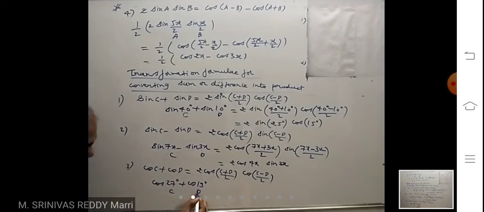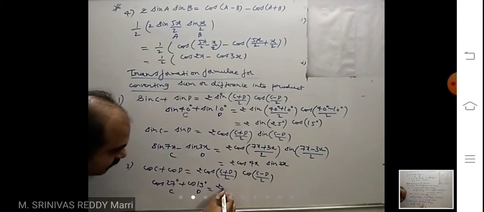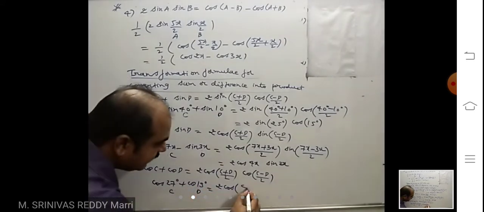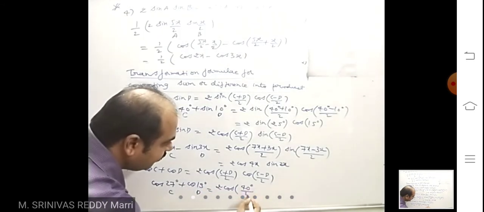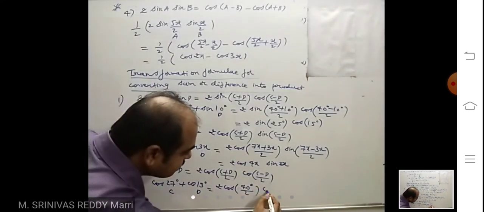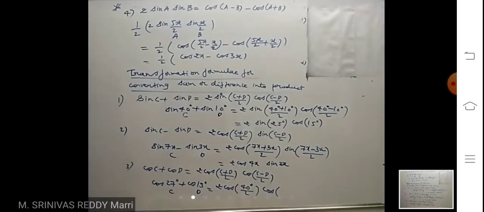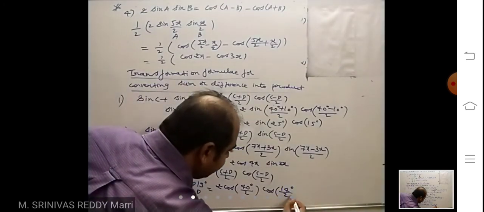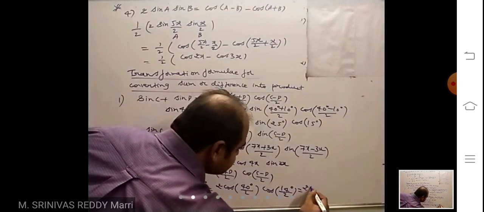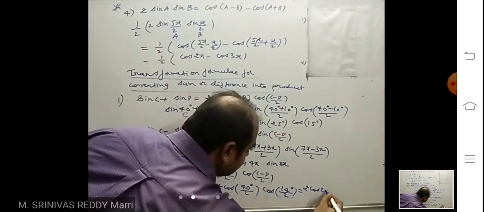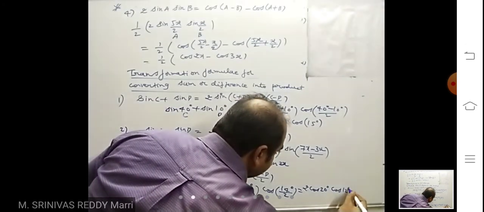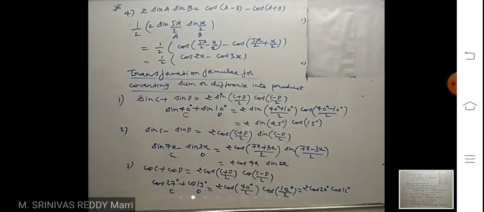This is C, this is D. 2 cos 27 plus 13 degree, 40 degree divided by 2, cos 27 minus 13 degree, that means 14 degree divided by 2. That means this is nothing but 2 cos 20 degree cos 7 degree. Like that, sum of two cosines can be converted into product.